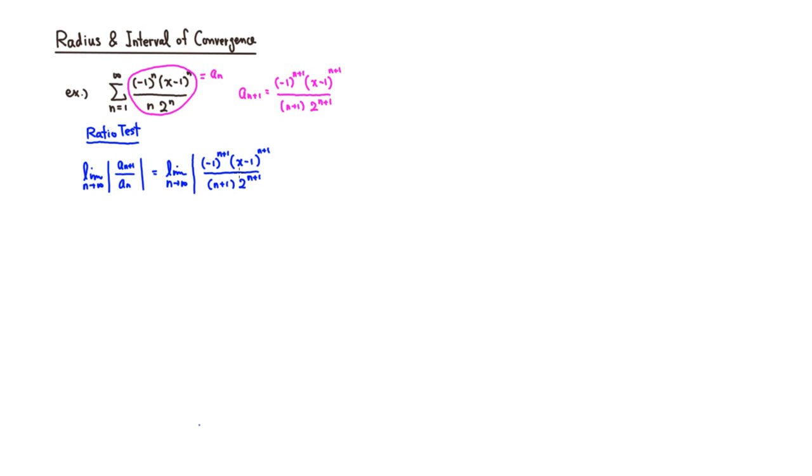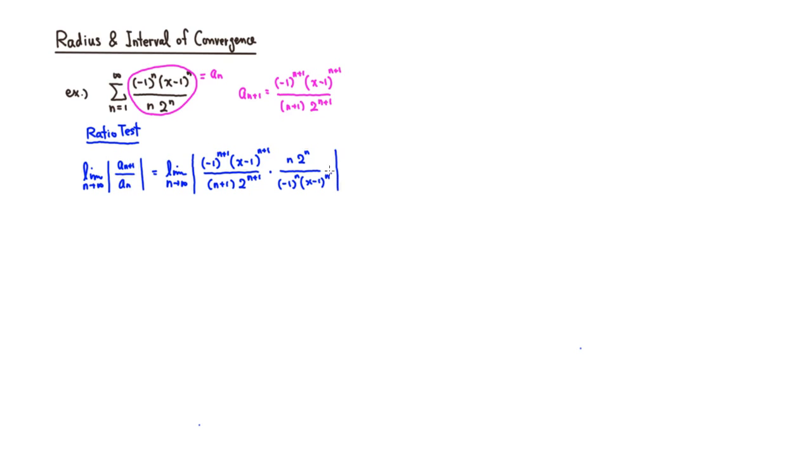Then we have to divide by a_n, so I'm going to multiply by its reciprocal. Since we have n times 2 to the n on the bottom, we put it on top. Then on top you had negative 1 to the n and quantity x minus 1 to the n.